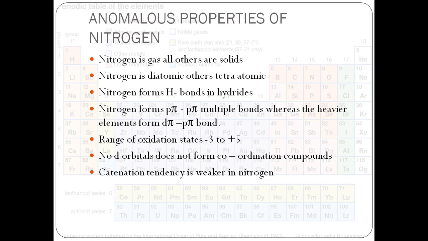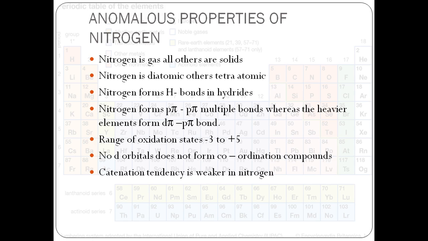Some examples: nitrogen is a gas while all others are solids. Nitrogen is diatomic whereas others are tetraatomic. Nitrogen forms hydrogen bonds in its hydrides. Nitrogen forms p-pi p-pi multiple bonds, whereas heavier elements form d-pi p-pi bonds.